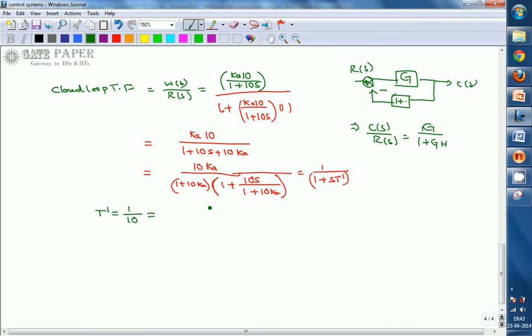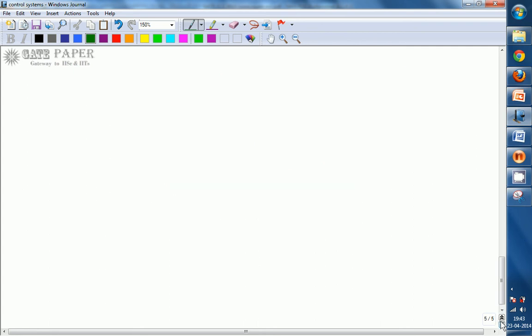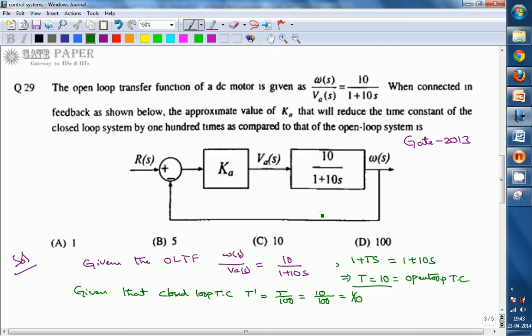By simplifying this, we get Ka equals 9.9, which is approximately equal to 10, as given in the options. That is option C, the correct answer.